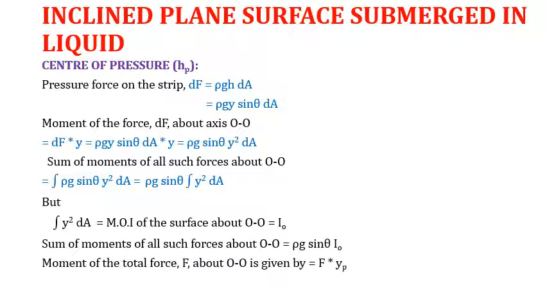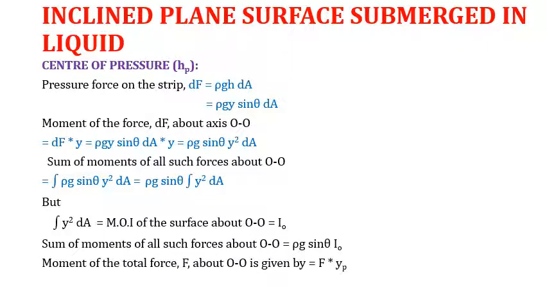So the derivation is identical to the vertical surface case. We replace h by y sine theta, and take the moment of that strip about the OO axis. The moment of that strip will be dF into y, which is rho g y sine theta dA into y, so rho g sine theta y square dA.